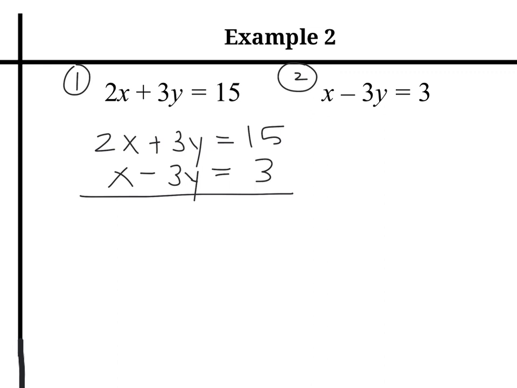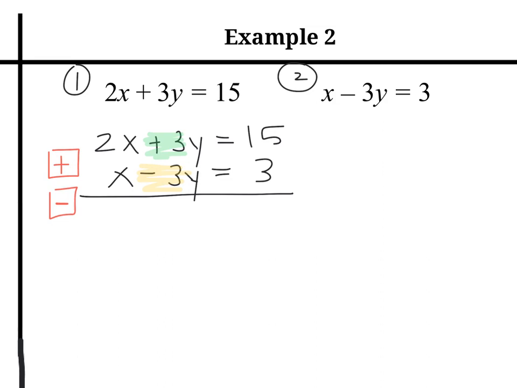So in the first equation, there is a positive 3. But in the second equation, there is a negative 3. So what we need to be careful with is deciding which operation we're going to use to eliminate our y. So is it going to be addition, or is it going to be a subtraction?